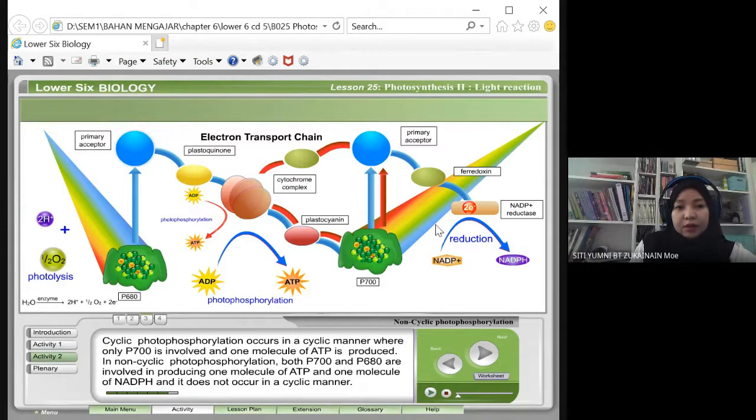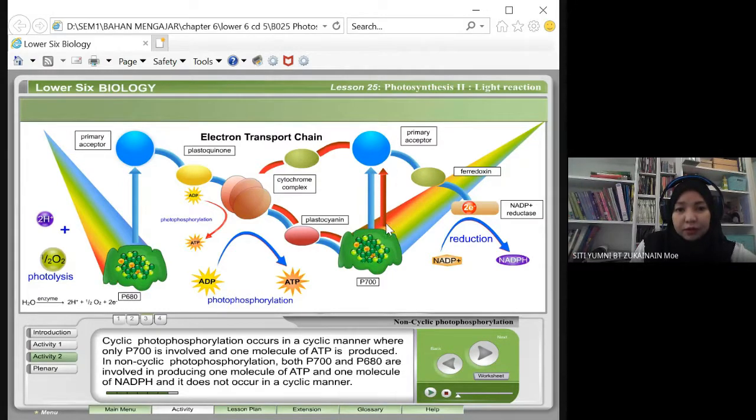Okay, so the conclusion for both reactions: cyclic photophosphorylation occurs in a cyclic manner where only P700 is involved. In photosystem 1, cyclic photophosphorylation involves this red arrow.